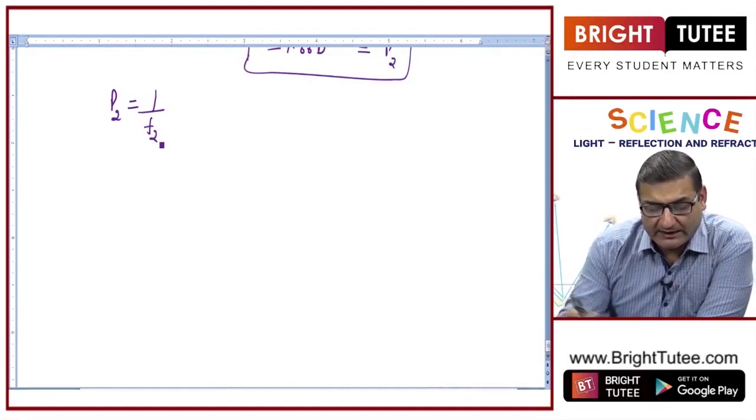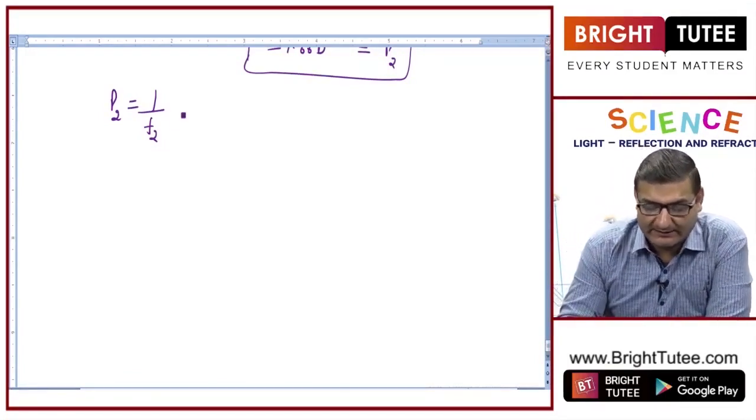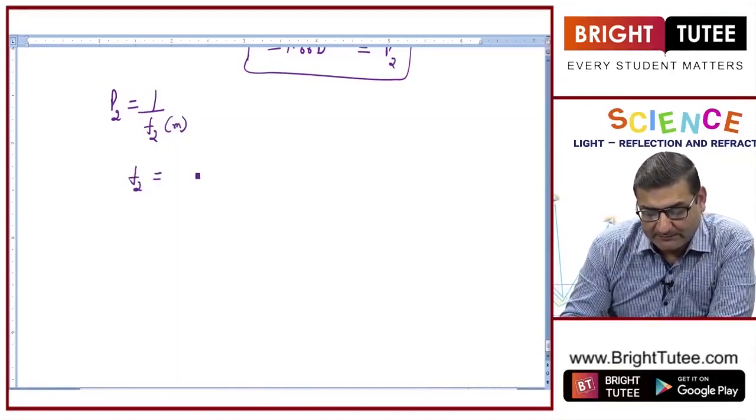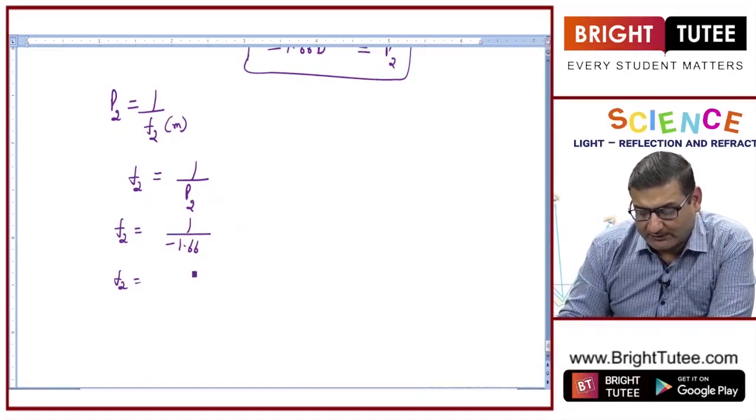So, we know that P2 will be equal to 1 upon F2 because power is the reciprocal of focal length in meters. Therefore, F2 will be equal to 1 upon P2. So, putting the value of P2, P2 was minus 1.66. So, F2 will be equal to, replacing the decimal, minus 100 upon 166.